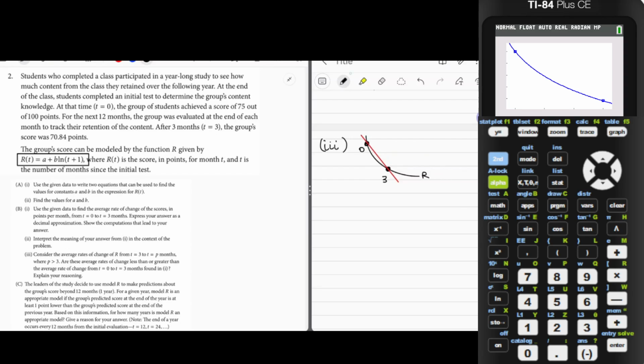For time p beyond 3, we just choose some time after 3, draw an average rate of change, and we'll see that it is, oh man, is it less than or greater than? Well, you might think it's less than because it's a shallower slope, but think about it. It's less negative. So it's actually a greater slope. It's closer to 0. So I'm going to say it's greater, just answer directly with greater, just like I did on the other one.